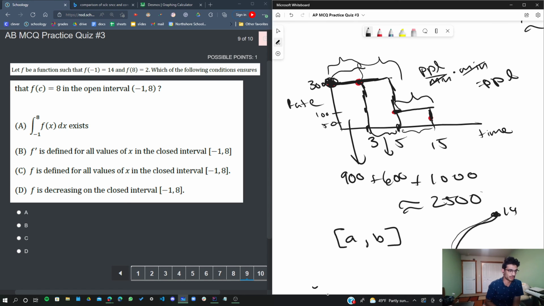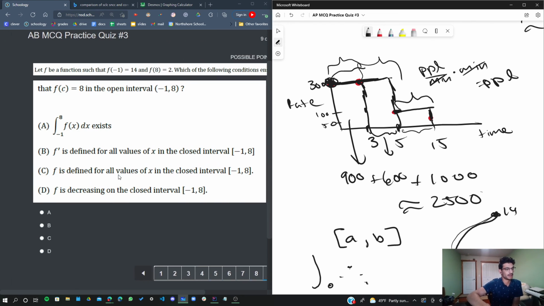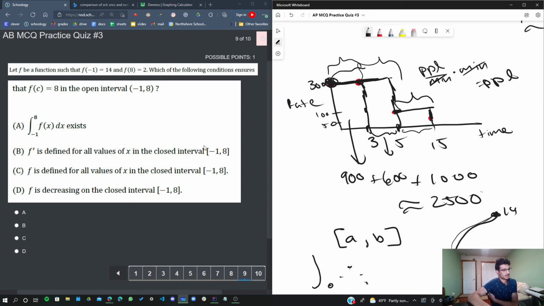If it's not continuous, you can go somewhere like this, or you could jump around all over the place, right? And then you're not necessarily meeting that. But if it is continuous, then you're meeting every single point from 2 to 14, which includes f of c of 8 right here. So that's why I'm going to say it's C.